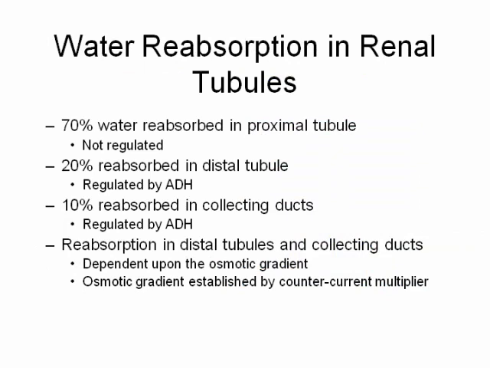So let's look at water reabsorption. We've already said that 70% of water is reabsorbed in the proximal tubule. This is not regulated. 20% is reabsorbed in the distal tubule. This is regulated by ADH. And another 10% is absorbed in the collecting ducts. This is also regulated by ADH.